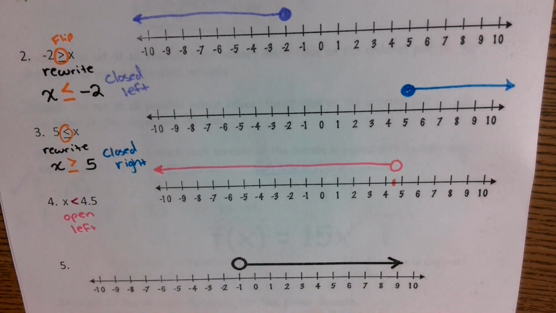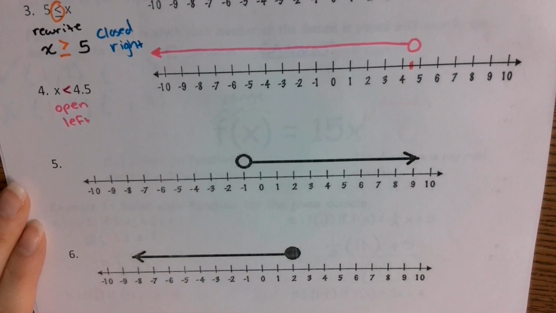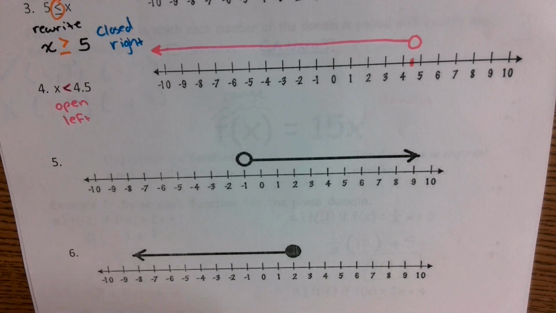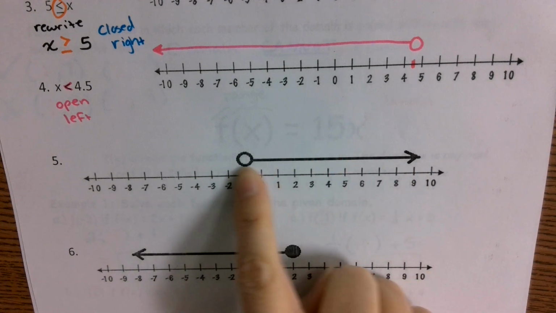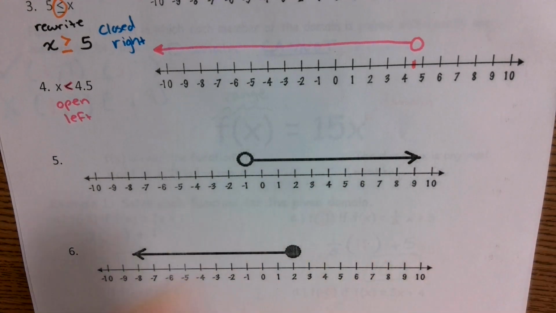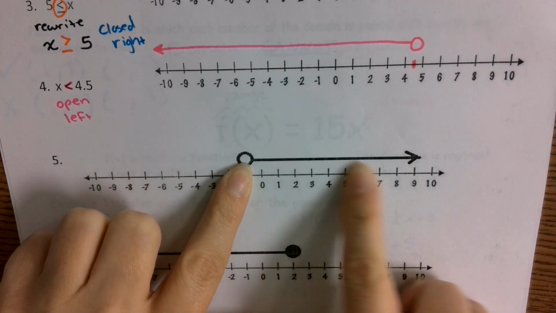Now, they aren't always going to be you graphing it. Sometimes you're going to be given the graph, and you have to write the inequality from it. So based off of that, what we want to identify here is open or closed circle, left or right. So this is an open circle, and it's graphing it to the right.